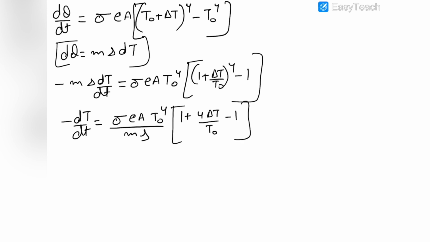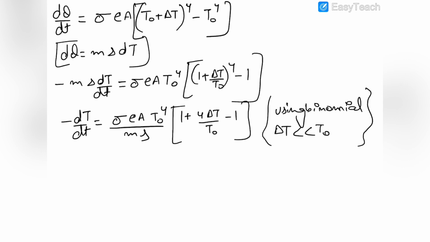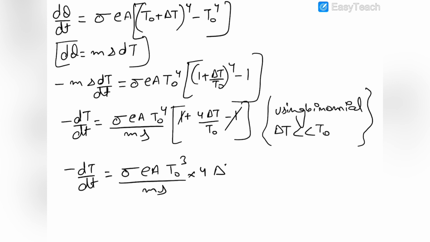I'm mentioning that using binomial expansion, because we have already assumed that delta T is very less than T naught, so we can use the binomial theorem. So you can see that minus dT by dt is equal to sigma EA T naught cube upon ms into 4 delta T.